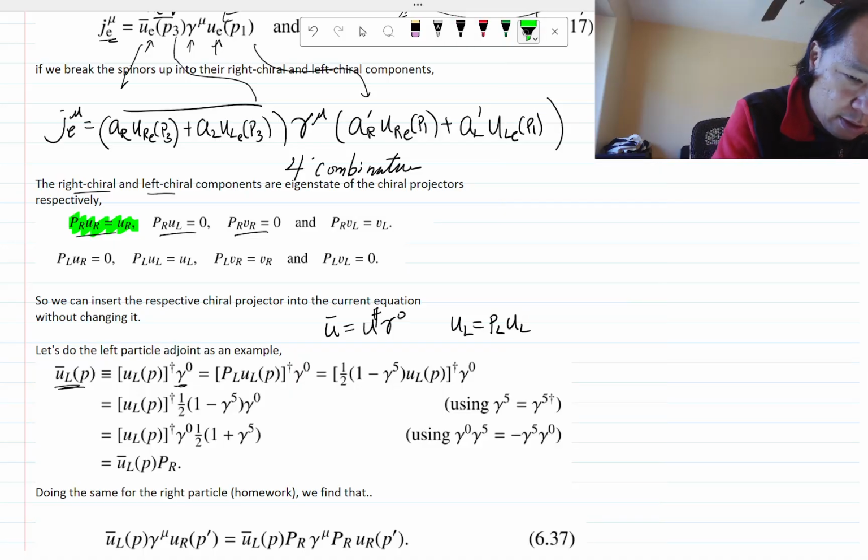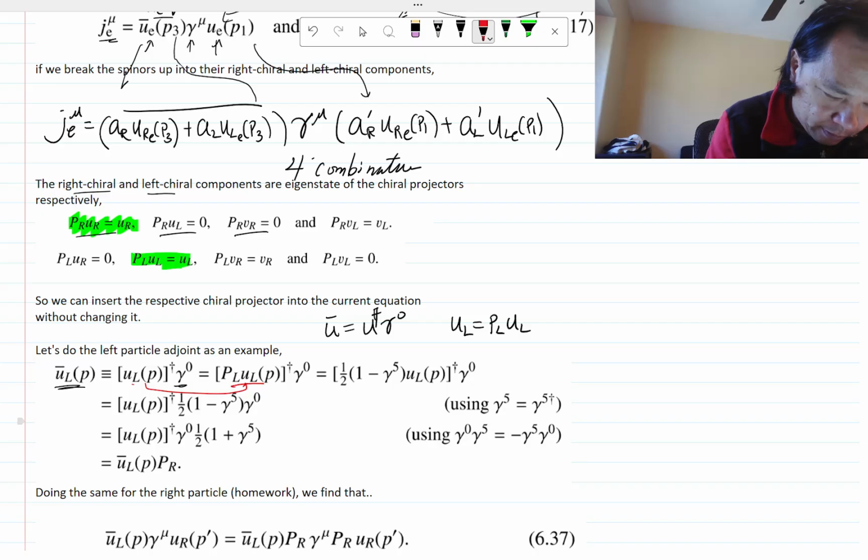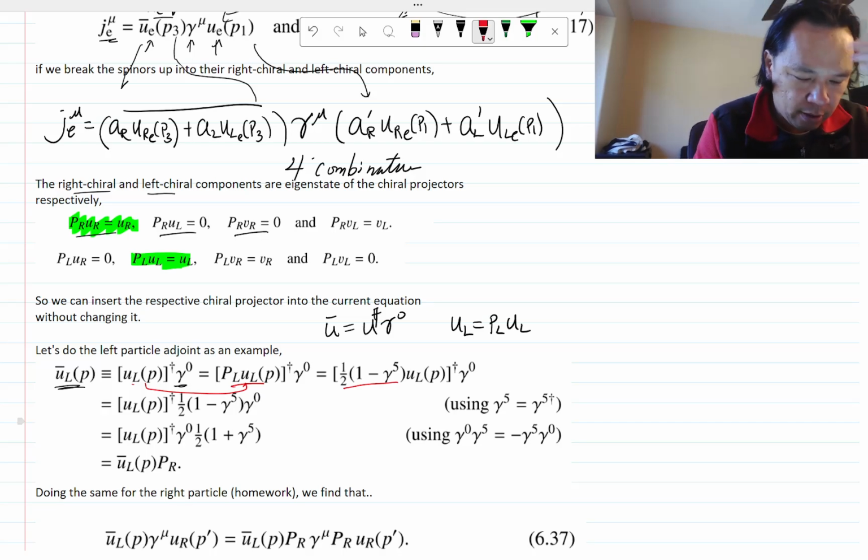That's the same thing. Therefore, we can insert that in there. PL is actually 1/2 (1 minus gamma 5), just the definition of PL.